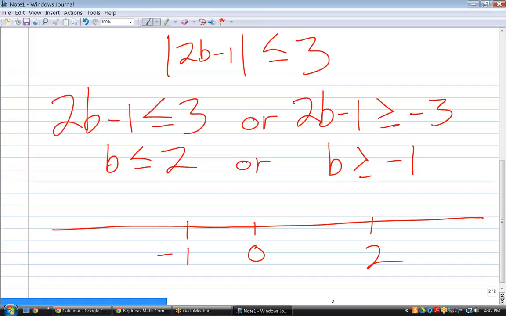You would put a full circle at 2 going to the left, and another full circle at negative 1 connecting to the line at negative 2. There's our graph right there.